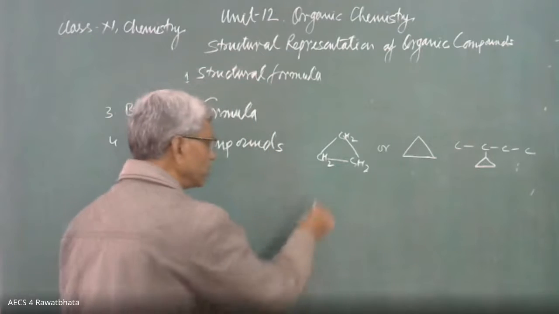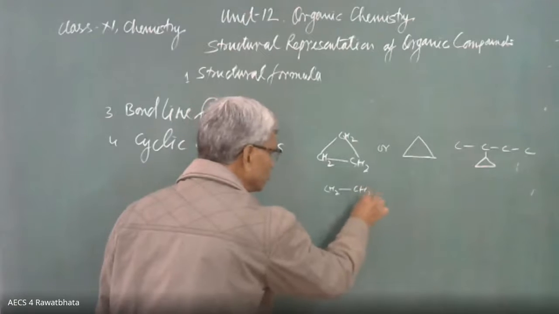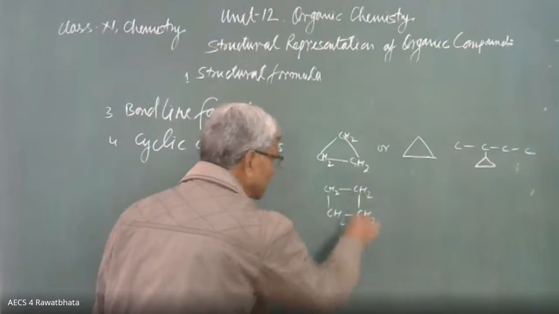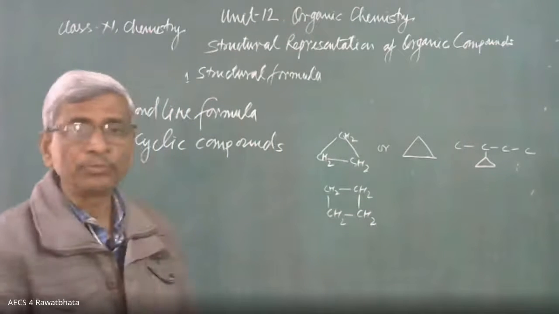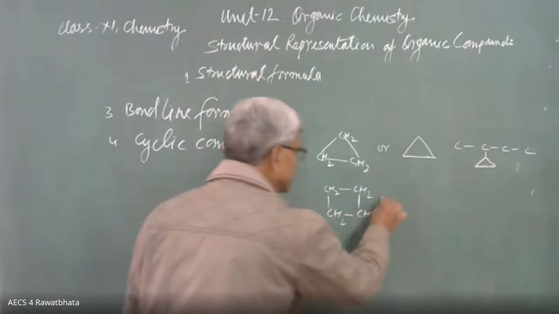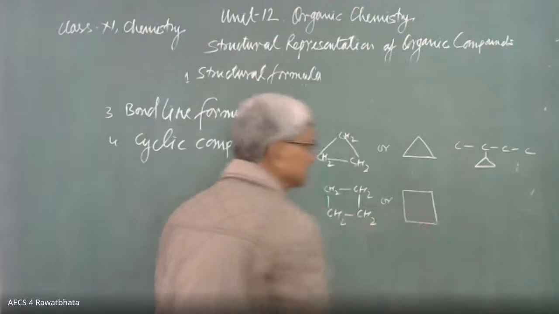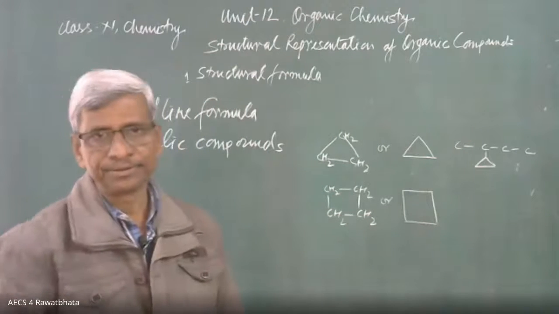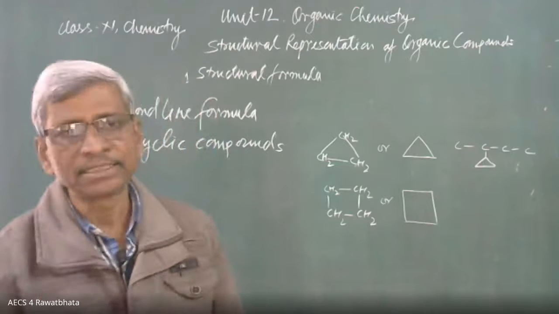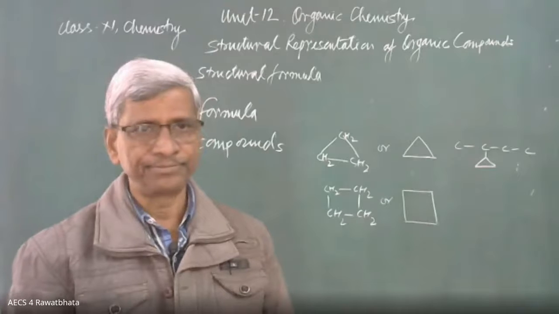And 4 carbon like this, 1 CH2, here is CH2, here CH2, CH2, and here cyclobutane. Okay, better? Cyclobutane. This can be written like this. This is the cyclobutane square. In chemistry, this represents a bond line formula of cyclobutane.